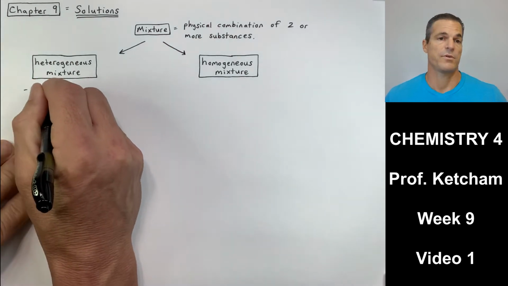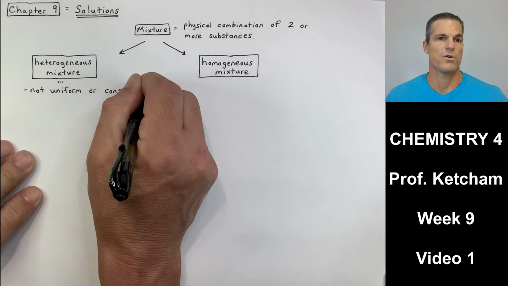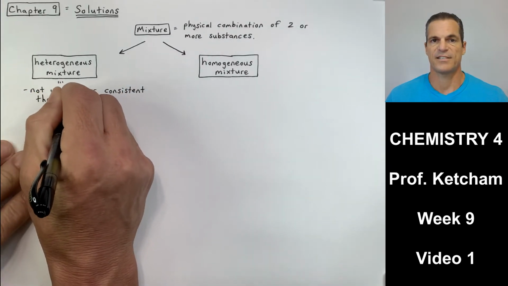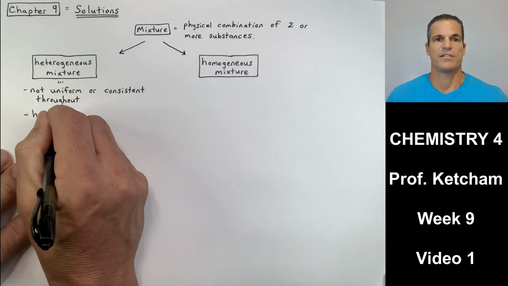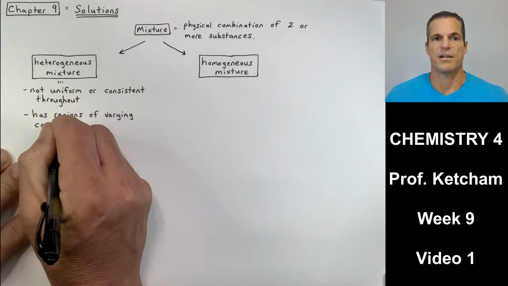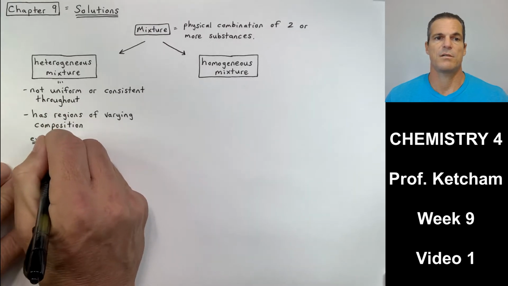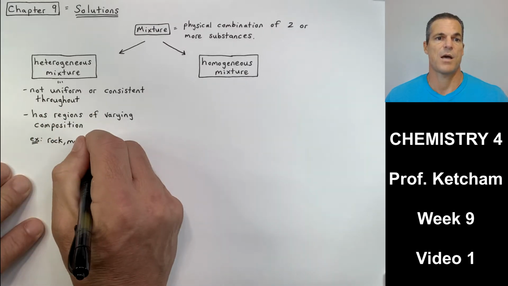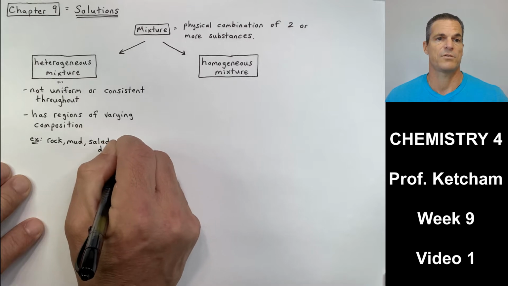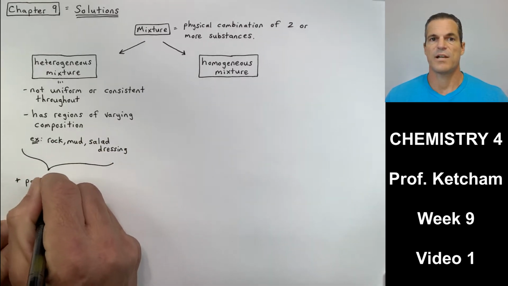It's not as important in this chapter. So heterogeneous mixtures are not uniform throughout. They're not consistent throughout. They have different types of consistency all throughout the entire sampling. So they have regions of varying composition, and some examples off the top of my head when writing these notes were a rock, mud, and salad dressing.